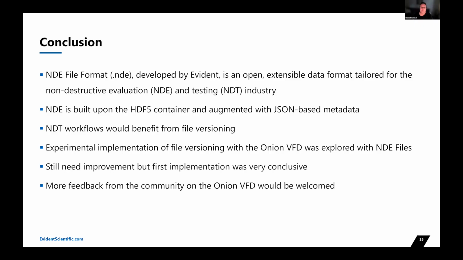Is it acceptable to use the user block to store this information, or do we need to come up with a more sophisticated system? Yeah, absolutely, because we also explored authenticity in this project, and we were using the user block. So I think using the user block would be a great solution.